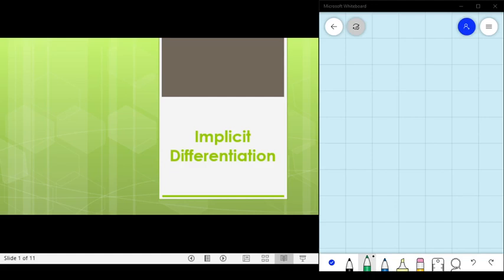Hello, good day everyone. We are now in topic 9.1 of our basic calculus subject, which talks about implicit differentiation.